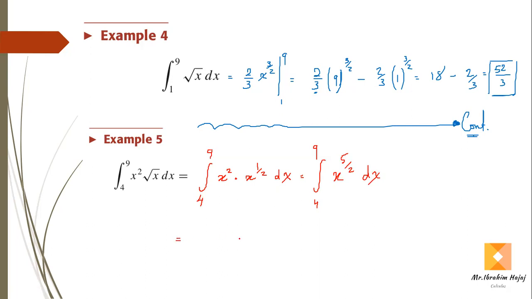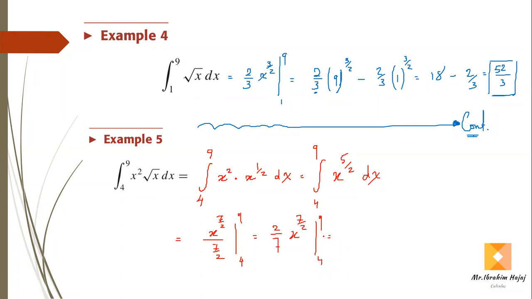Now we integrate: add 1, which makes it x to the power of 7 over 2, and we divide by 7 over 2, which is simply multiplying by 2 over 7, from 4 to 9. Now substitution: we substitute 9 for x, and minus, substitute with 4.